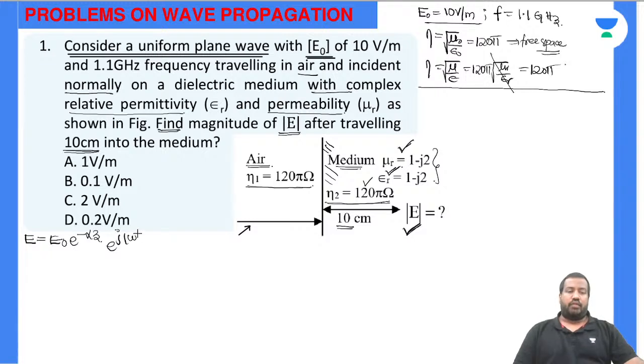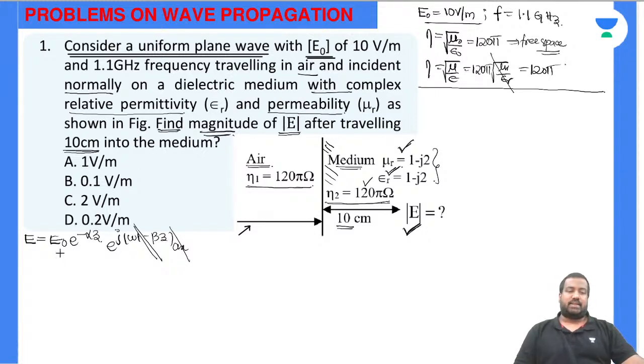We have already derived these things in theory, in some direction, for example a x. Phase term and direction we neglect, because we are trying to understand the amplitude change of the electric field.